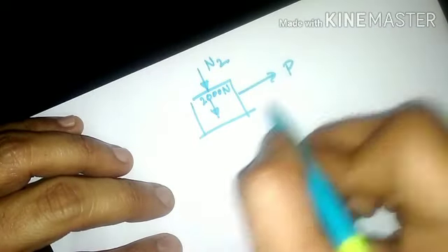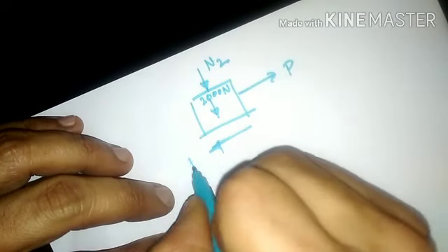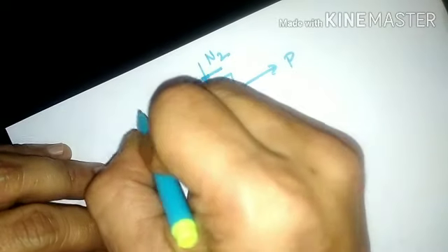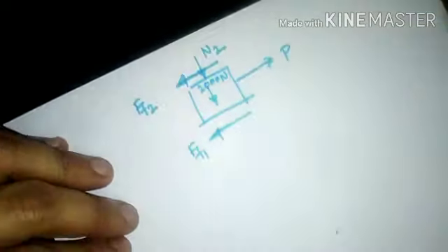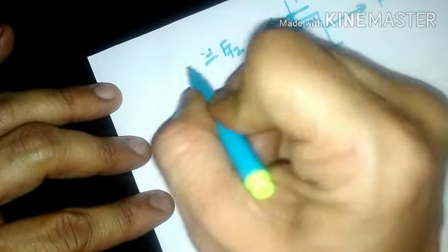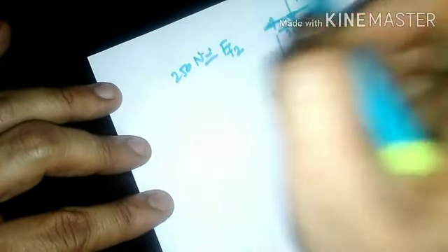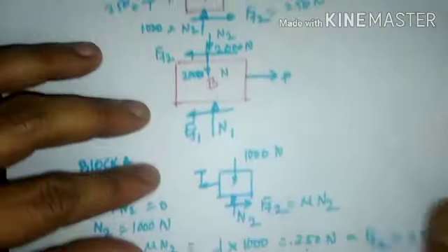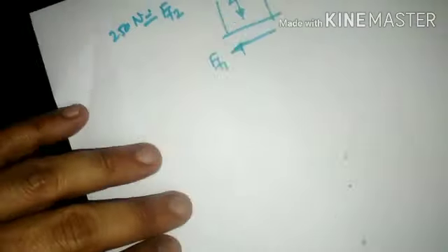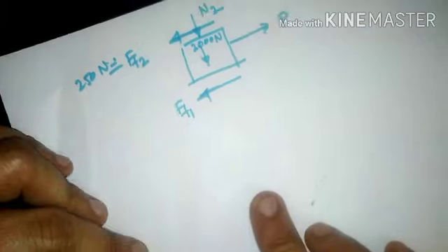Then as it is right-hand side, frictional force will be towards the left-hand side, F of F1, and frictional force here is called F of F2. What is the value of F of F2 here? F of F2 value was 250 Newton. So you simply need to substitute F of F2 as 250 Newton.